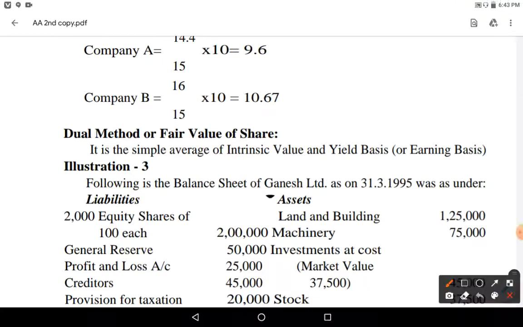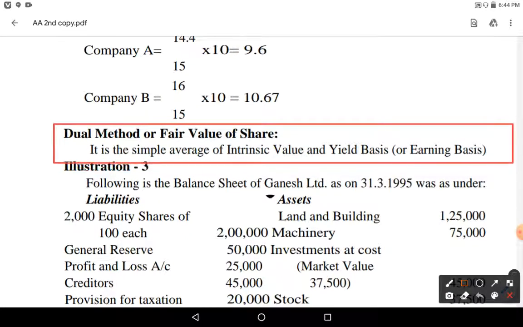Lastly, there is one more method called the dual method. What is the dual method? It is the simple average of intrinsic value plus yield value.